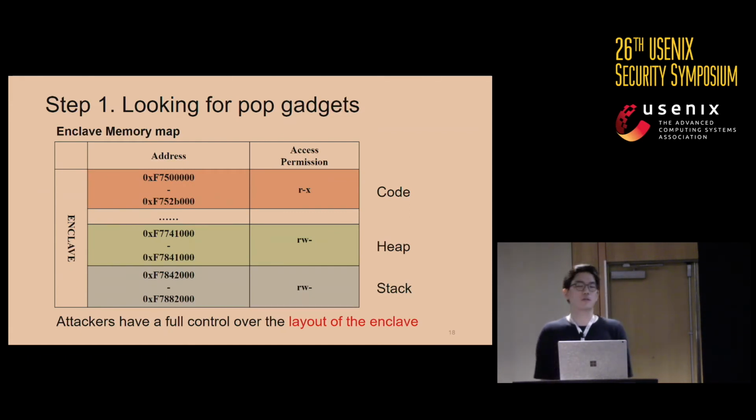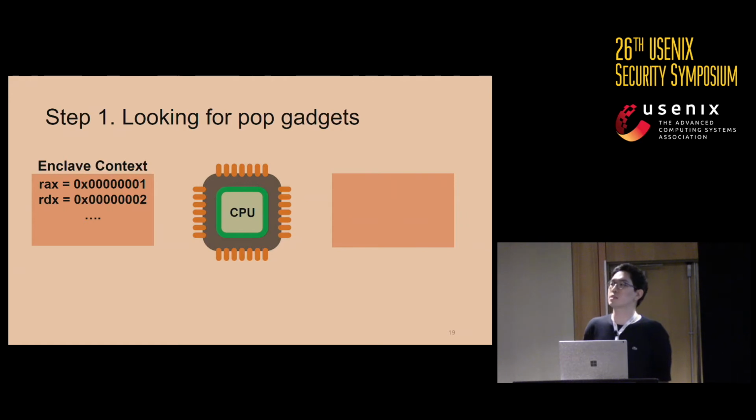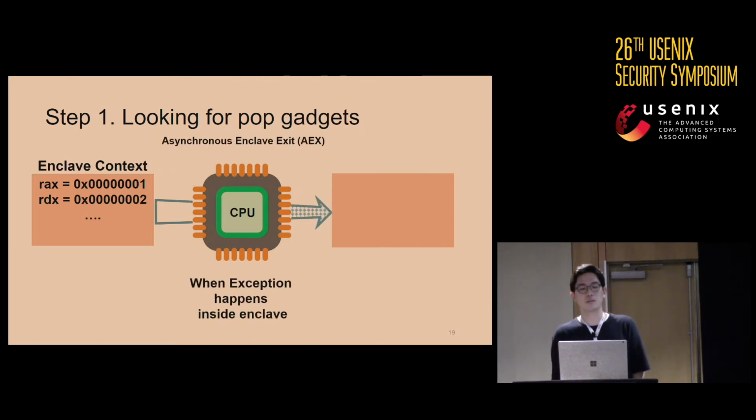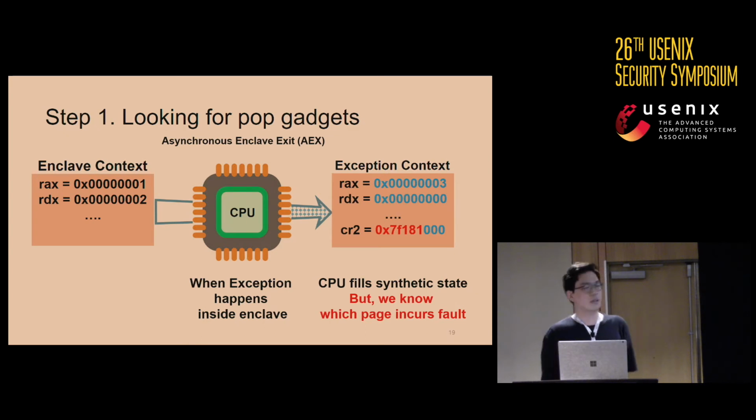Even though the attacker doesn't know the content of the enclave memory, the memory layout of the enclave is known to the attacker, because the operating system manages the page permission bits. Also, when the enclave raises an exception during its execution, it throws the exception to the operating system and exits from the enclave. It's called an Asynchronous Enclave Exit, AEX. However, before the exception is delivered to the operating system, the CPU deliberately fills synthetic state into the register file in order to conceal the exact context of the enclave.